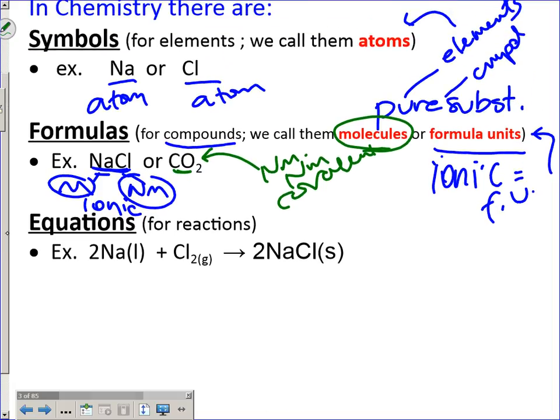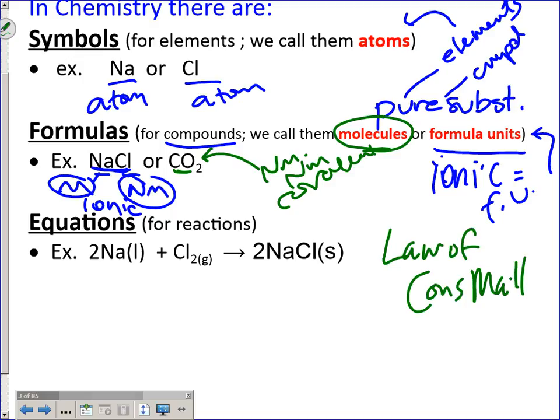Soon, we will be writing equations like this to show that this chemical compound reacts with this chemical compound to make a new chemical compound. And we've seen this before already. What did we use our chemical equations for? We used them to indicate a law, the law of conservation of matter or mass.